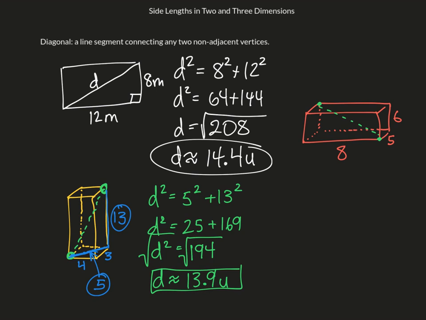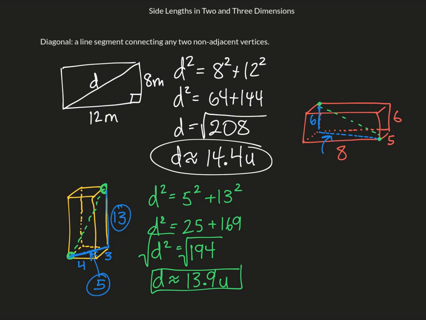Okay, so I am looking for the diagonal of the base and then the height. So I know the height that I'm going to use is 6. But this 3-dimensional diagonal, this one's not so easy.